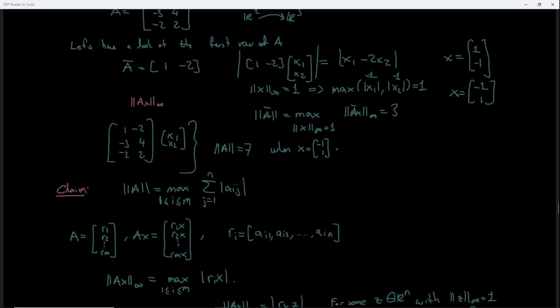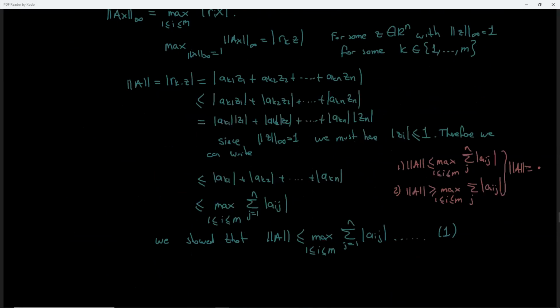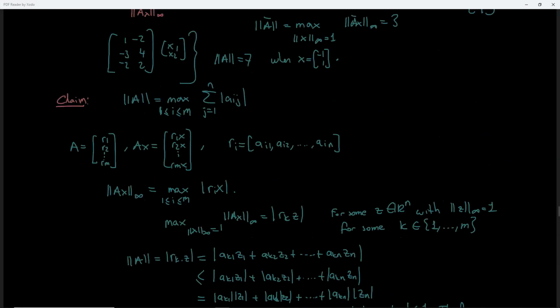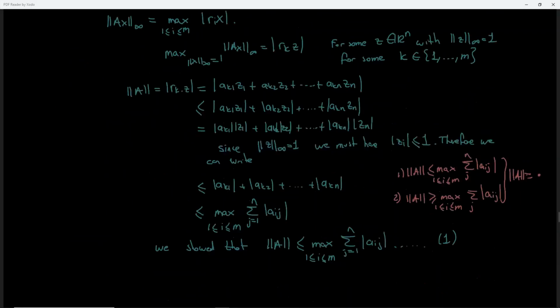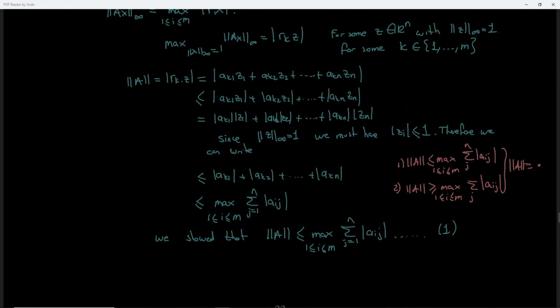And that corresponds to this expression over here. And we showed that this is indeed the induced norm of the A matrix by proving our claim, showing that the norm of A is less than or equal to that expression and greater than or equal to that expression, so it has to be equal to that expression.